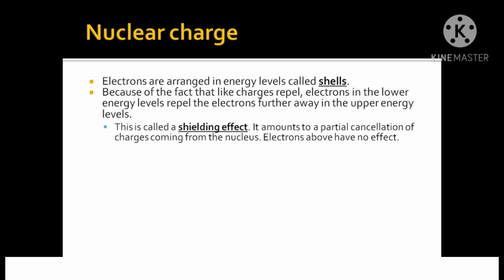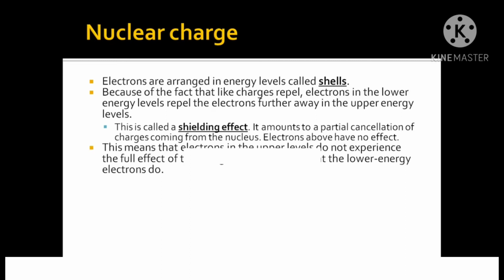That's electrons in a higher energy level than the electron you're studying have no effect on the nuclear charge that it experiences. This means that electrons in the upper levels do not experience the full effect of the charges in the nucleus that the lower energy electrons do. And that's because the lower energy electrons have less shielding.